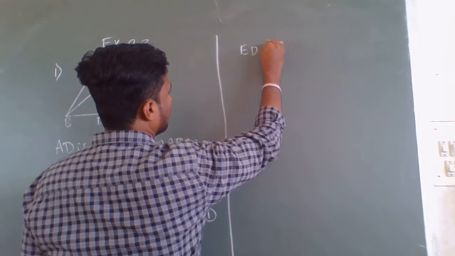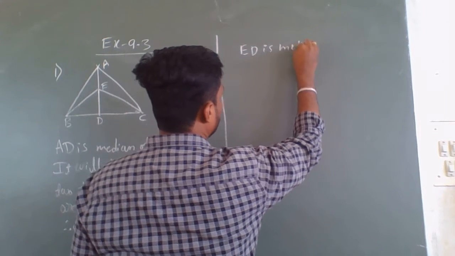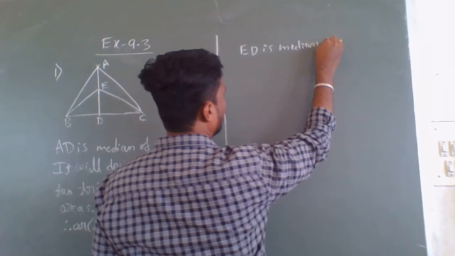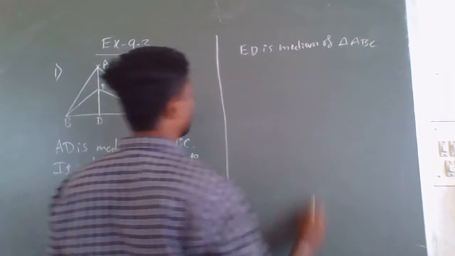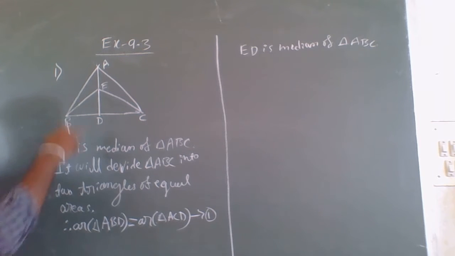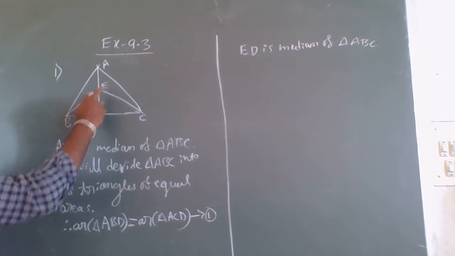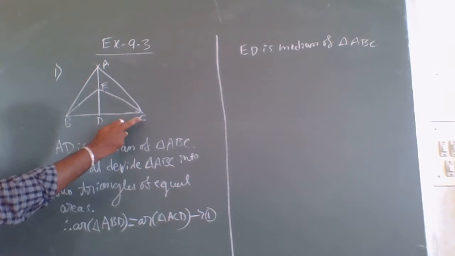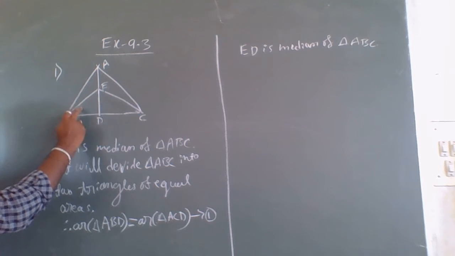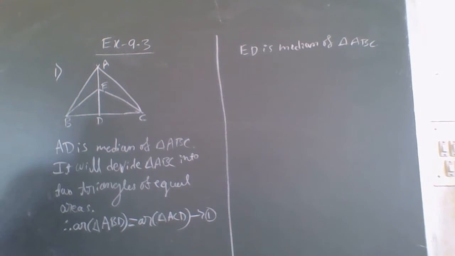So now if this ED is median of triangle EBC, we can write area of this EBD equals area of ECD. These two triangles are equal in area.